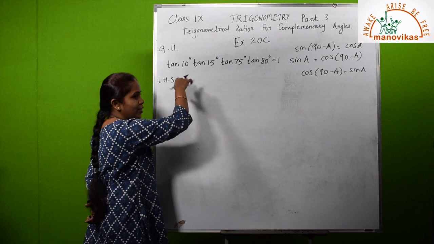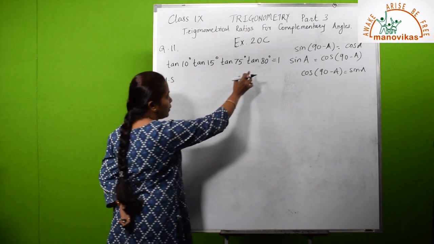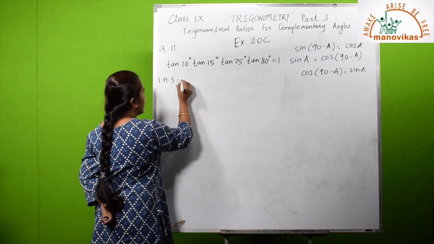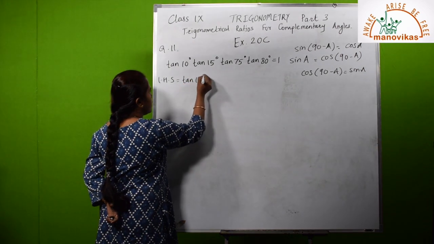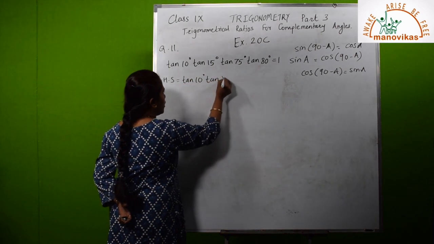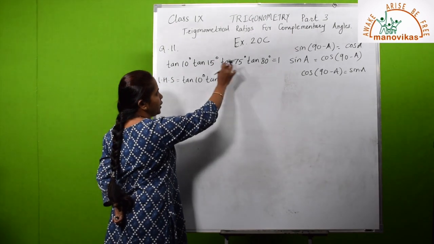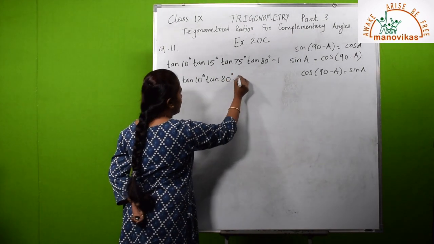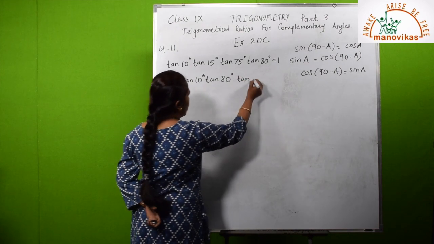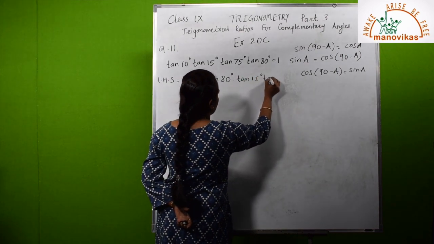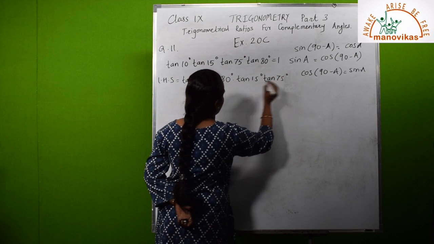Now 10 degree, 15 degree, 75 degree and 80 degree. 10 degree, its obvious complementary angle will be 80 degree. So I'll write those terms together, tan 10 degree into tan 80 degree. Now the remaining 15 degree and 75 degree are also complementary angles, so write them down together.